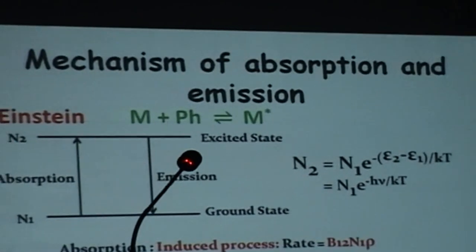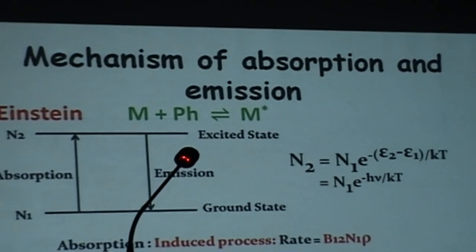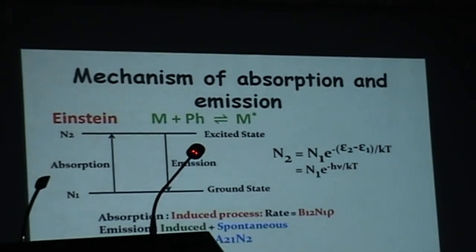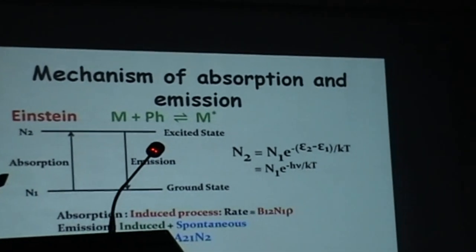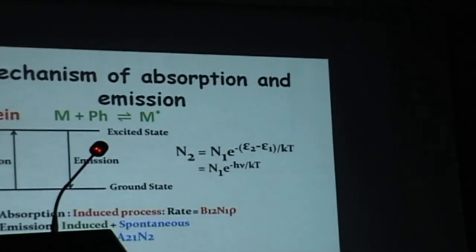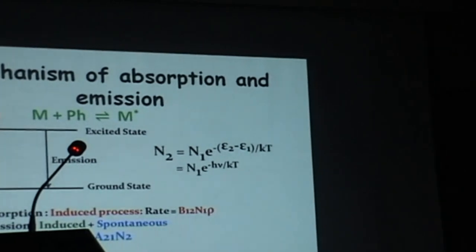The induced emission process depends on the density or intensity of light. But this process was not known. It was proved only in 1960 and 1961 after the discovery of the laser. If we consider the Bohr model, then spontaneous emission cannot be there, because in Bohr's model the excited state is also a stationary state.